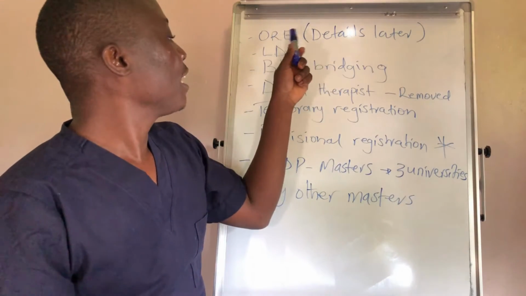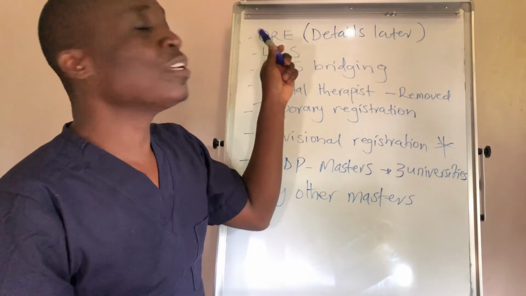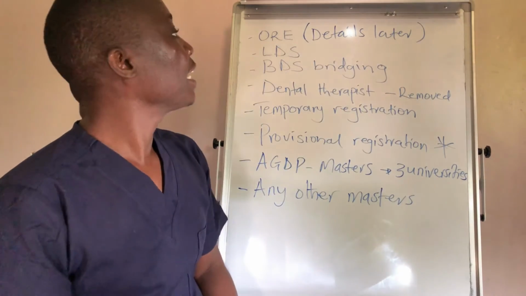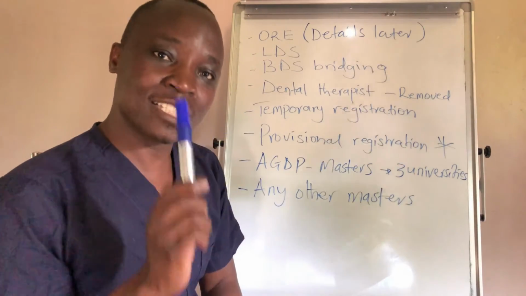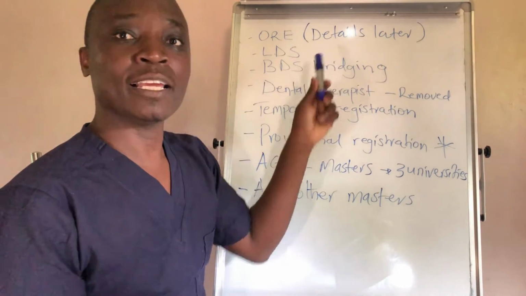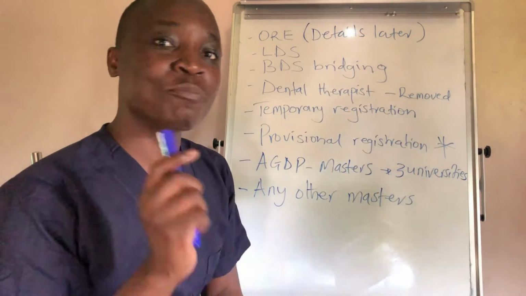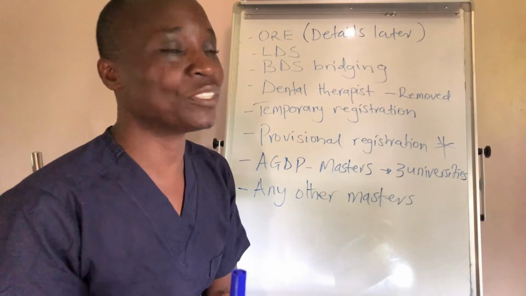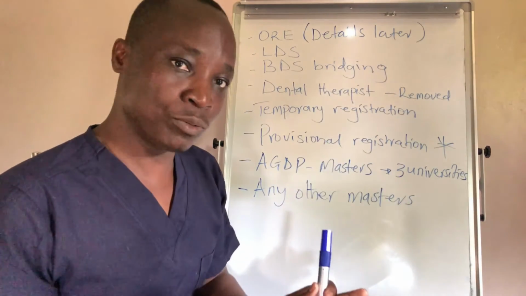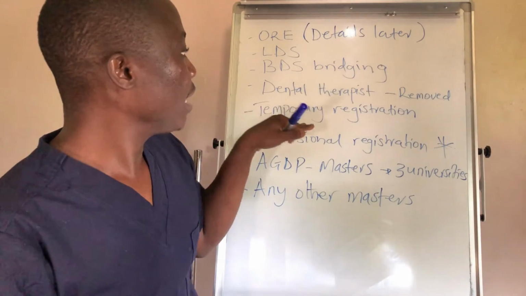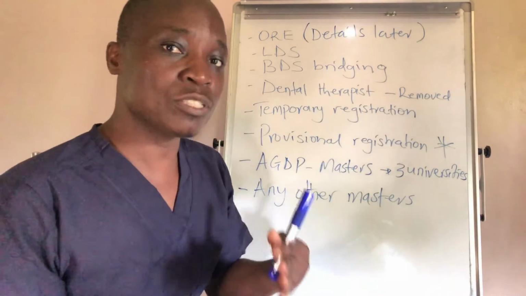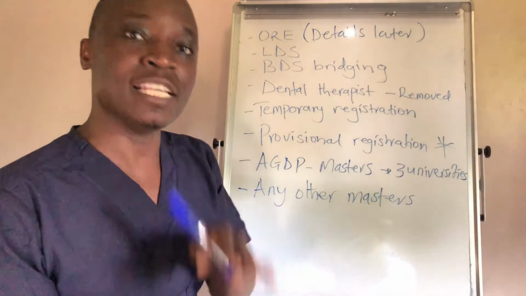Because this is one of the most popular routes, I'm going to make another video detailing all the steps that you can take through this route in order to get registered and start practicing dentistry in the UK. Because this video is specifically about all the routes, I'm going to give hints of all the routes. Then the subsequent videos will cover each of them in detail.